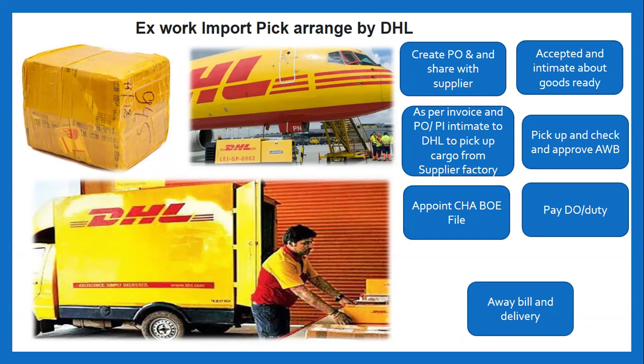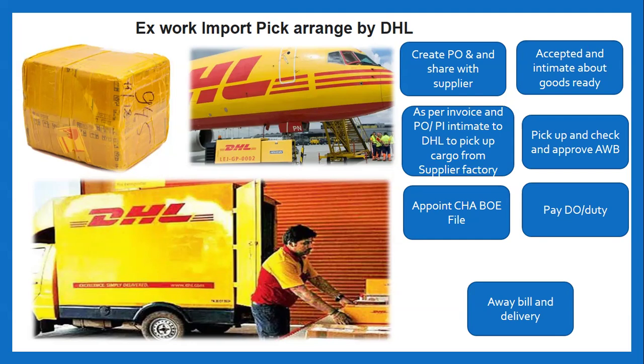If we want to clear the shipment through DHL, we can do that. If we want to convert this courier mode shipment into cargo mode, then we need to appoint a CHA. Before the cargo arrives at the airport, the documents shared by the supplier need to be shared with our customs house agent.